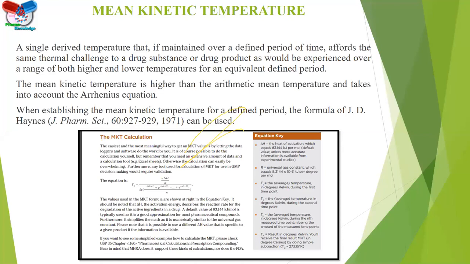The mean kinetic temperature is higher than the arithmetic mean temperature and takes into account the Arrhenius equation. So we can see this equation. As a current practice, if software handles or monitors your temperature and humidity, there is already an inbuilt, validated mean kinetic temperature calculation also.